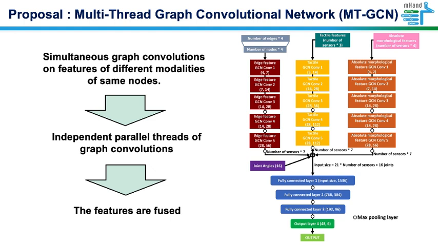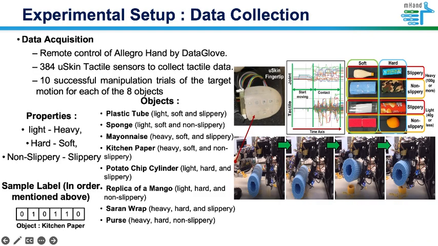We also created a graph convolutional network architecture for the features of the same node but dissimilar modalities in a graph. We process the features of different modalities through independent threads of graph convolutional layers, and at the end we fuse these features. We collected the manipulation data of 8 objects using an Allegro hand and U-Skin tactile sensors, and then we prepared the labels of the properties which we wanted the model to recognize.